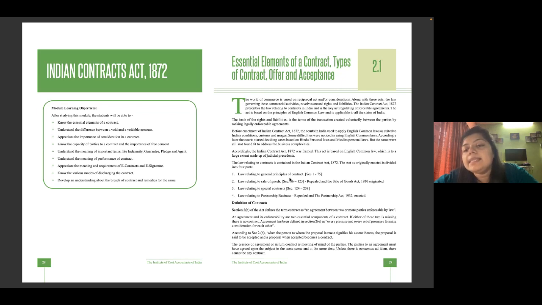If you had something else in mind and you have assented to that, in such cases there wouldn't be any meeting of minds.